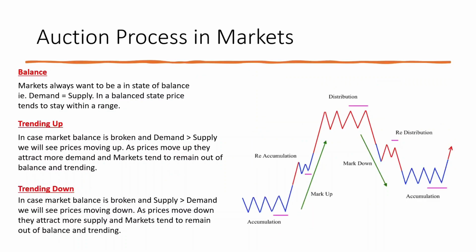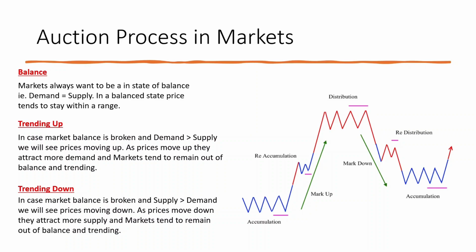Now, to understand how price moves, we can think of it as an auction process. So what happens in an auction? In an auction, if more people are interested to buy something, the price of that particular thing tends to rise.